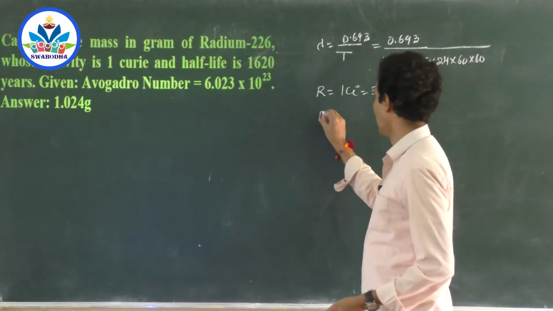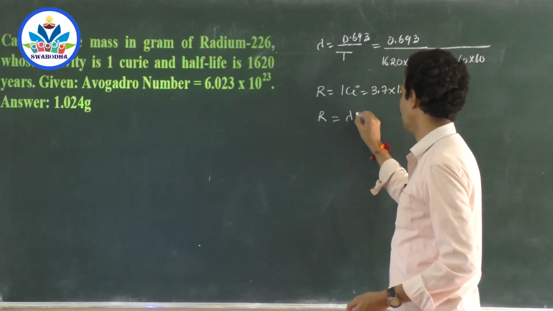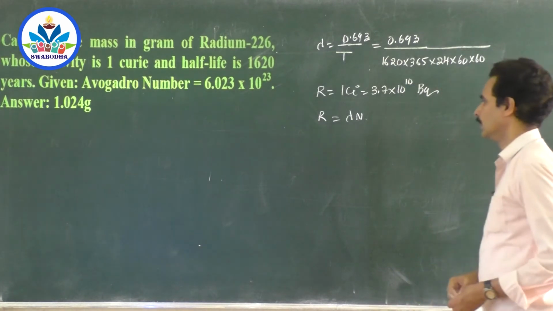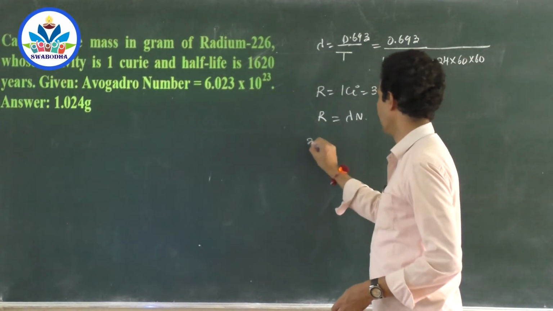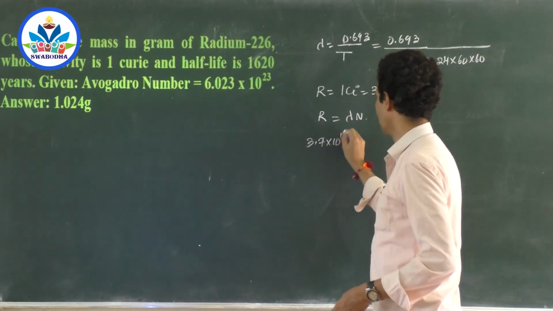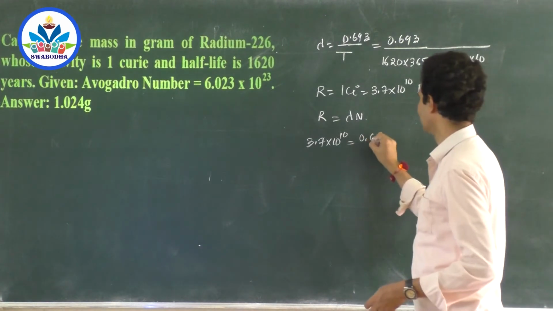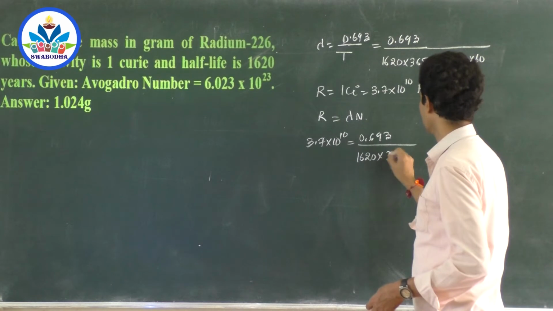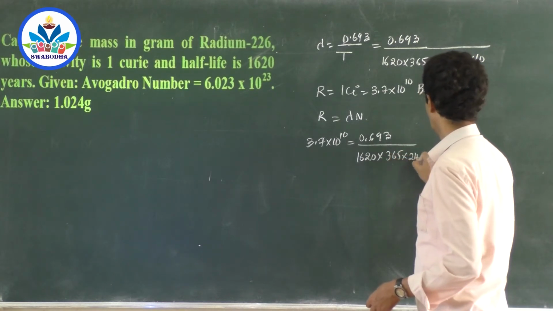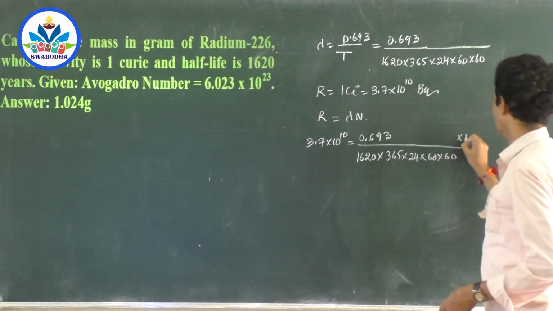Activity of a sample R, which is equal to minus dN by dt, is equal to lambda into N, decay constant into the number of atoms in the sample. Now 3.7 into 10 to the power 10 is equal to lambda, which is 0.693 divided by 1620 years, 365 days, 24 hours, 60 minutes, 60 seconds, into N.